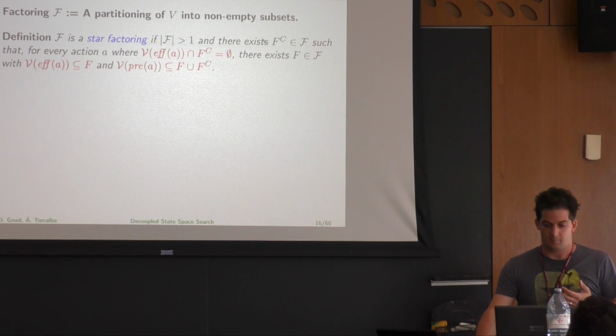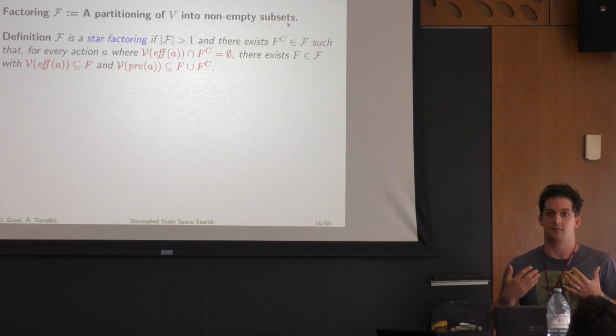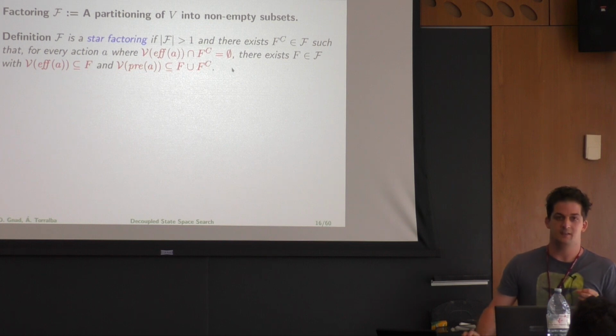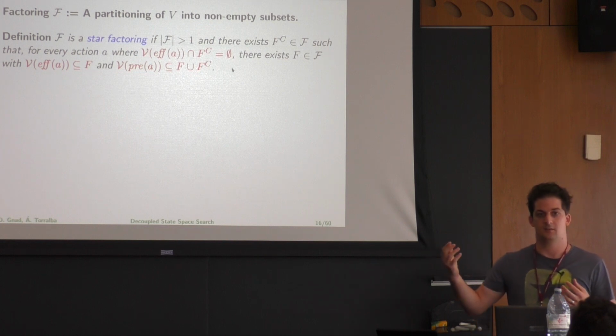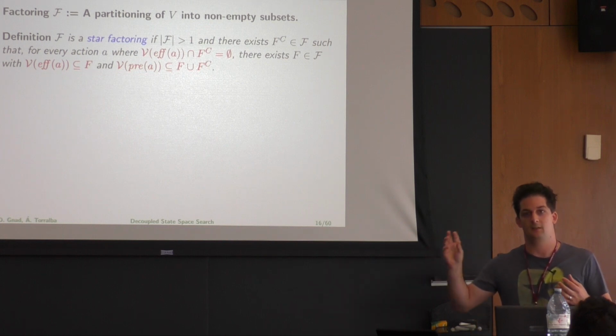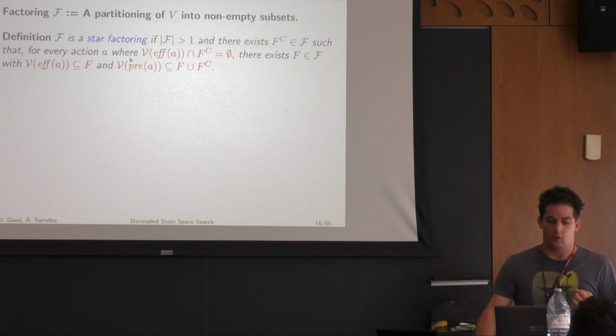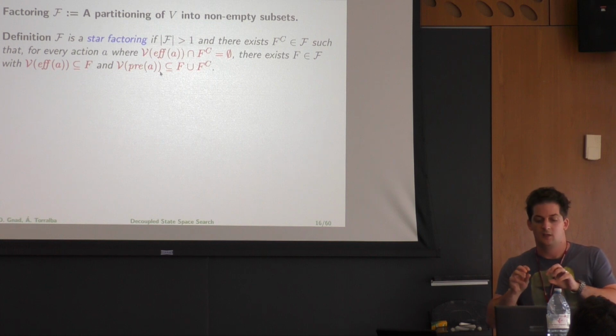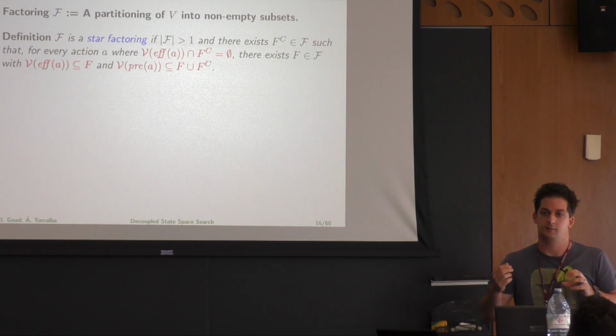And there exists an FC, a center factor, such that all actions either affect the center, so have an effect on a variable that is in the center component, or all their effects are within a single leaf factor, and the preconditions of leaf actions can be on the leaf plus the center.